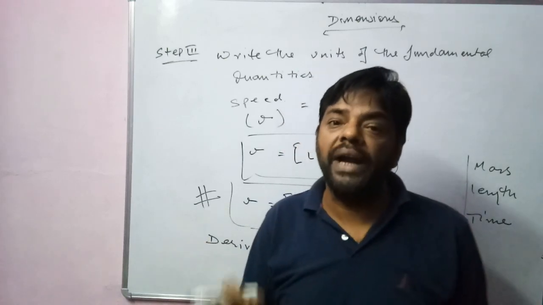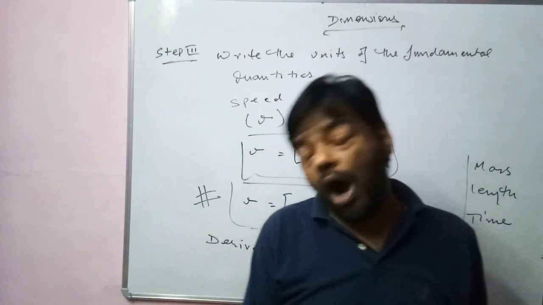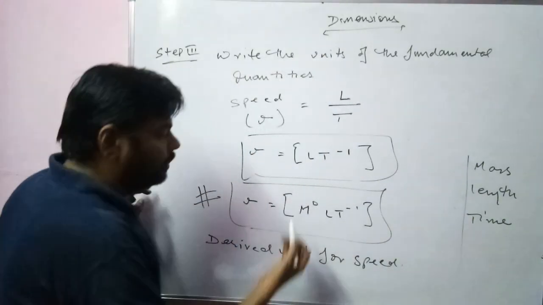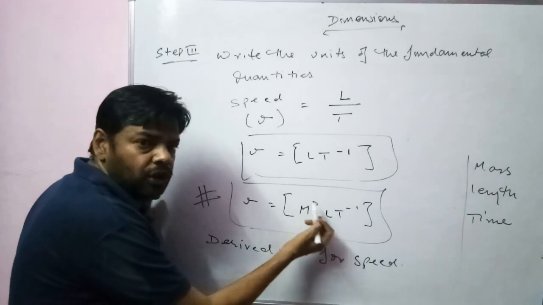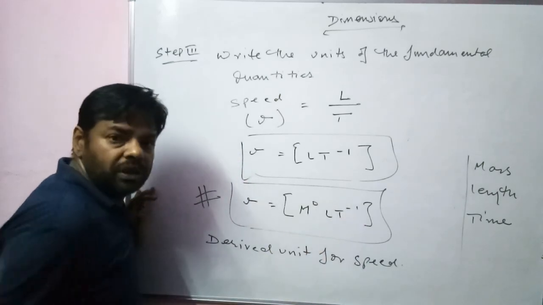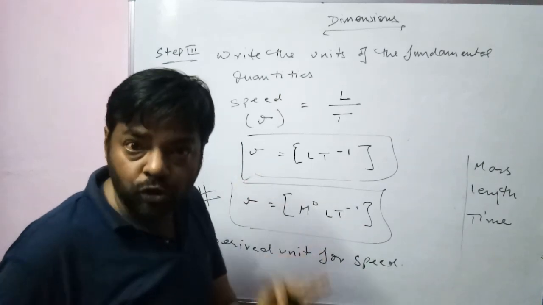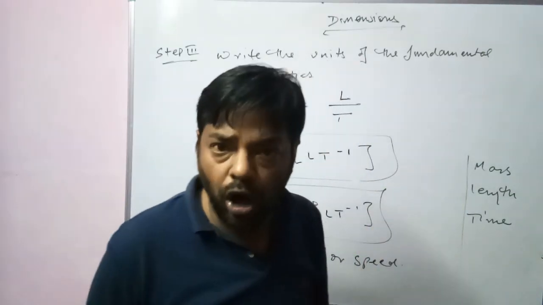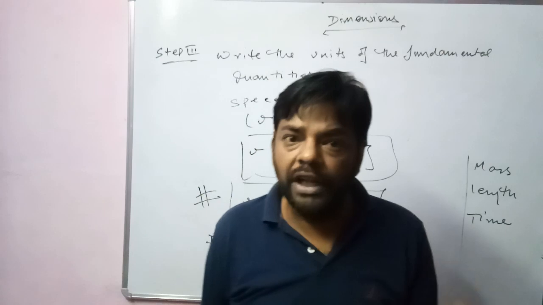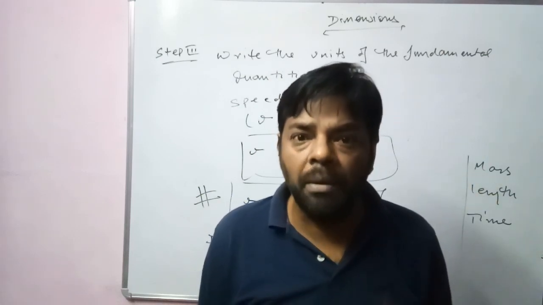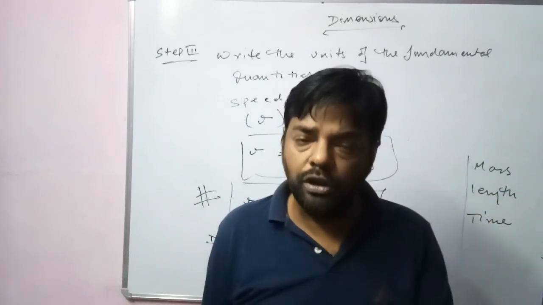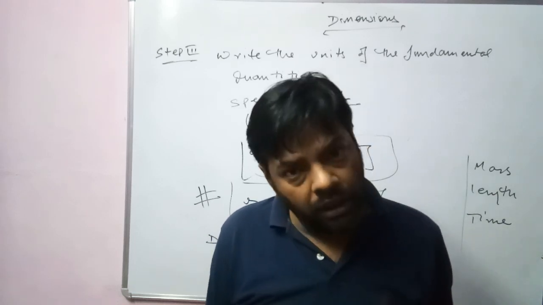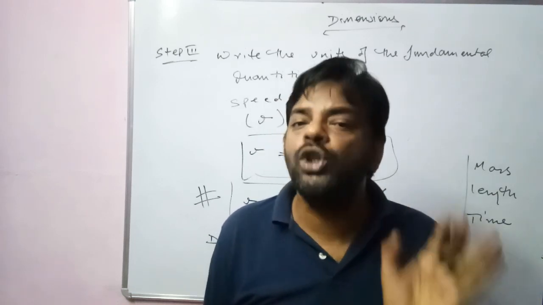Now what do you understand by dimension, or how can you define dimension? So these powers, M raised to power 0, L raised to power 1, T raised to power minus 1, these powers to which the fundamental units of mass, length, time or any other fundamental quantity are raised to derive the unit, are called dimensions.